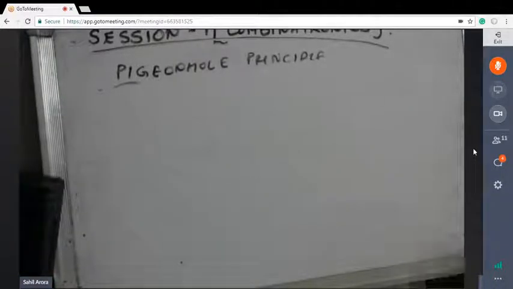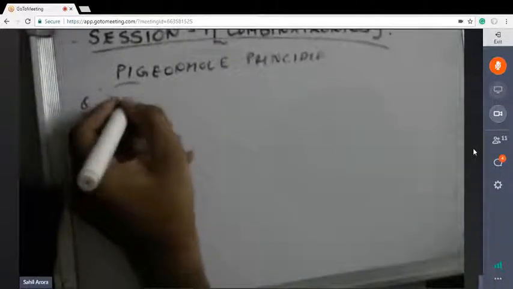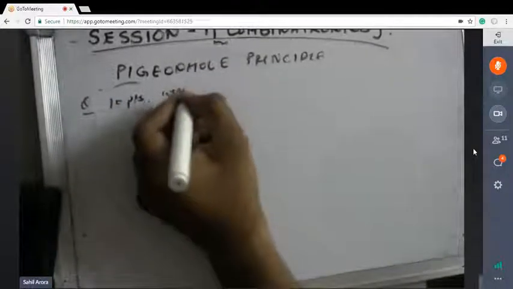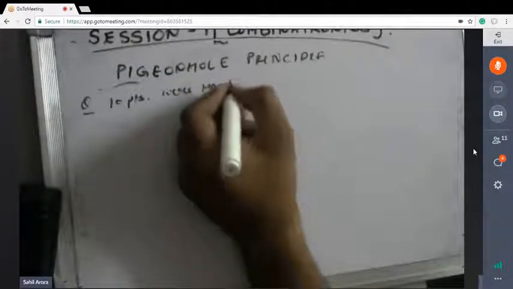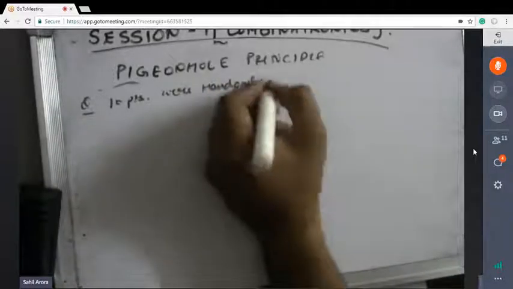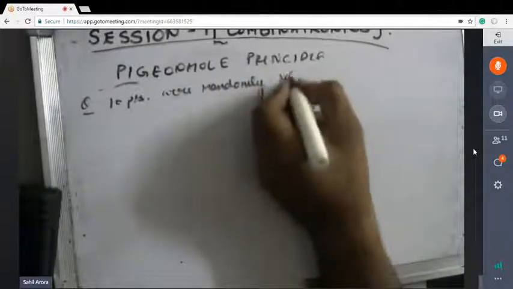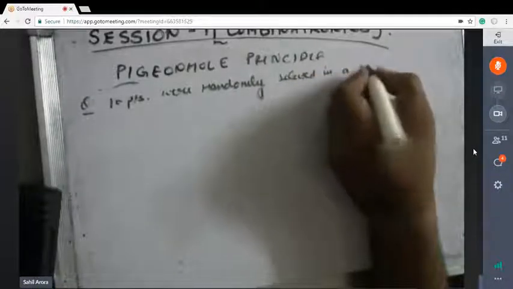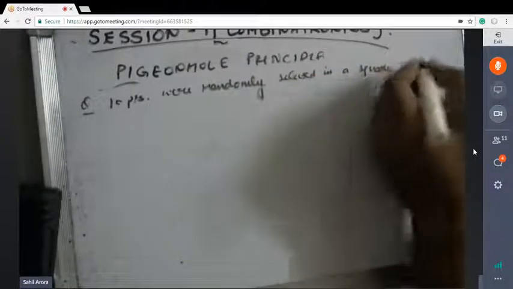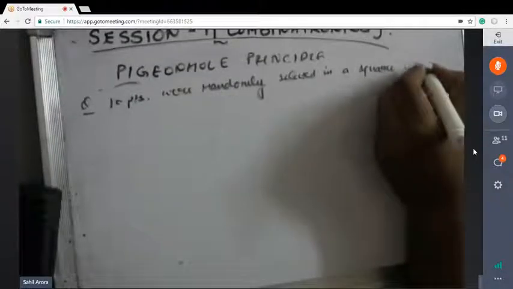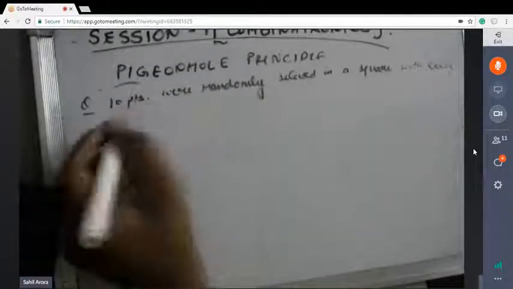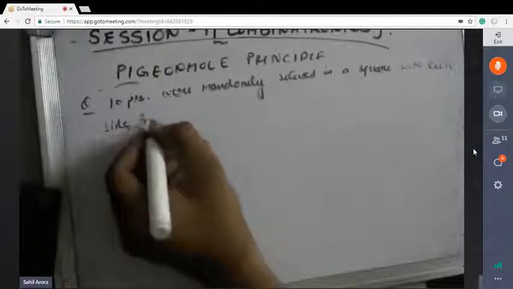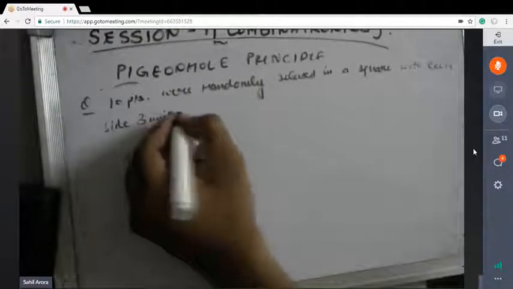Next question says 10 points were randomly selected in a square with each side 3 units.